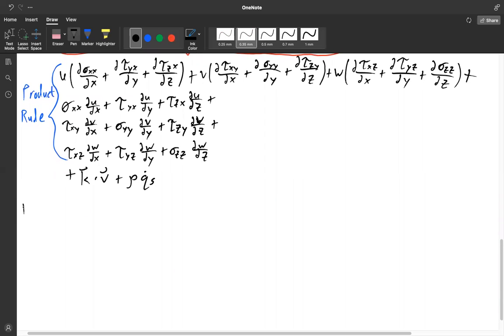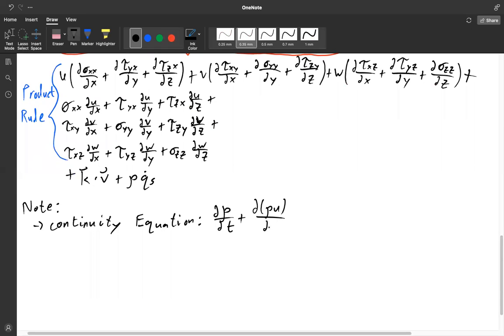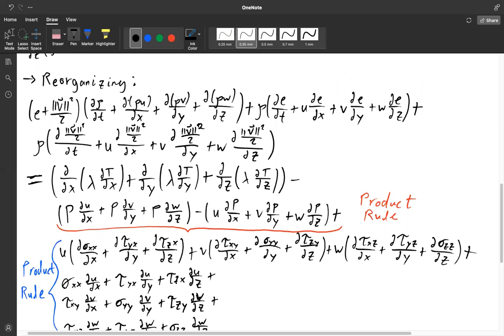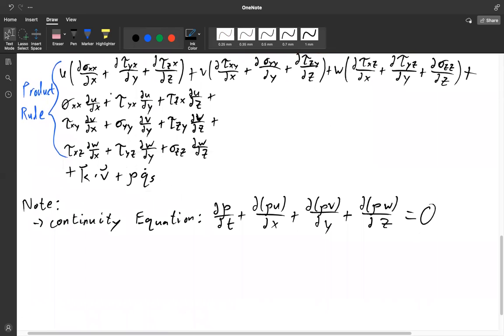So I would like to note that in the continuity equation, partial rho partial t plus partial rho u partial x plus partial rho v partial y plus partial rho w partial z equals 0. So if we go back up to this term, we have partial rho partial t plus partial rho u partial x plus partial rho v partial y plus partial rho w partial z. So we can cross that term out because of the continuity equation.